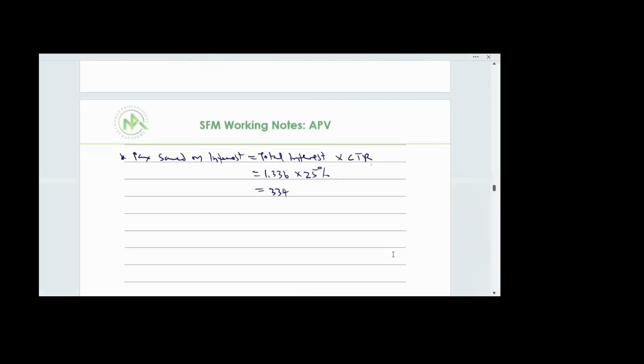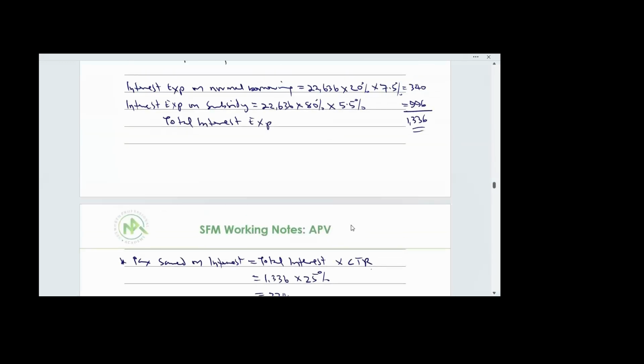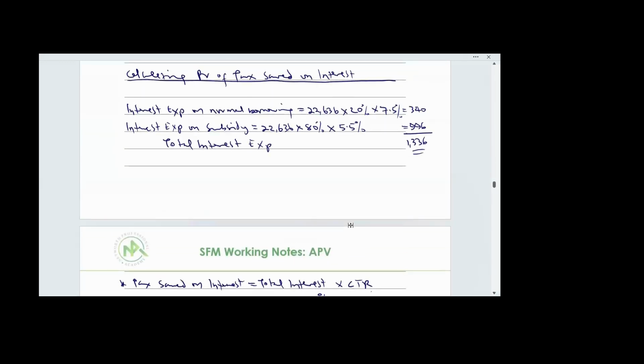Finally, I need to calculate PV of tax saved. PV of tax saved on interest will be equal to tax saved multiplied by annuity factor. Equal 334 multiplied by 3.349. Our annuity factor we calculated previously under subsidized loan is 3.349.